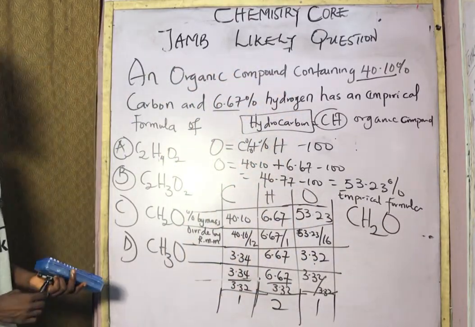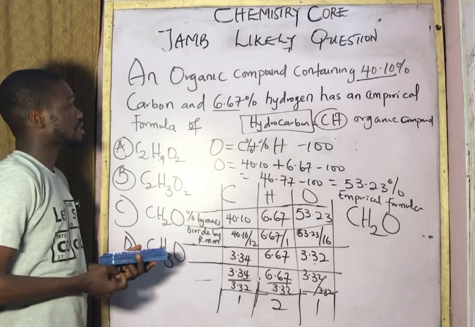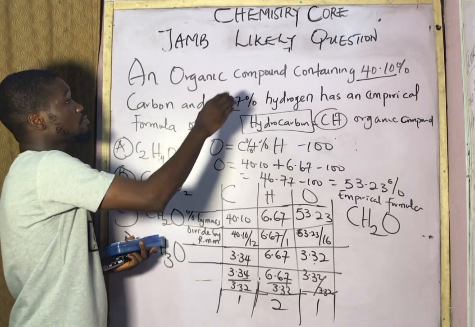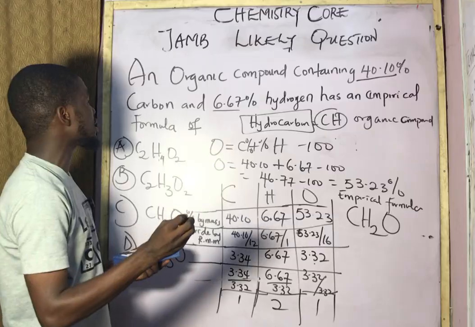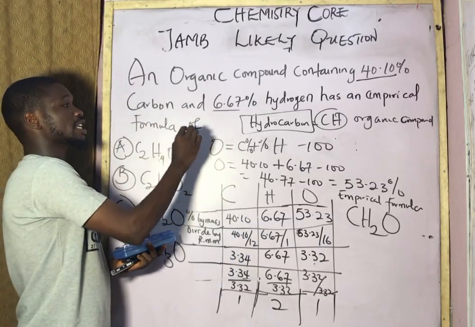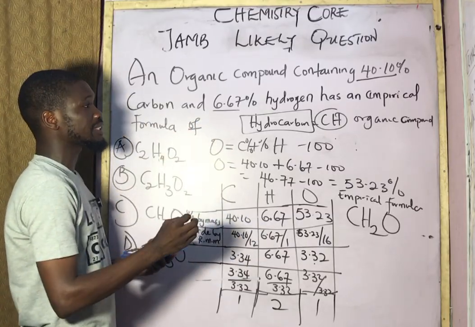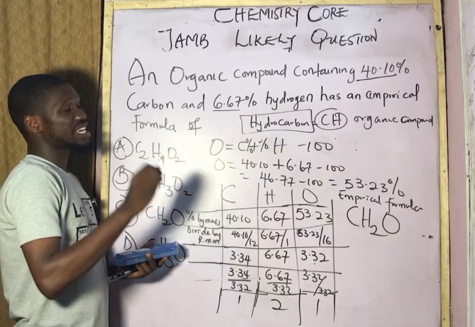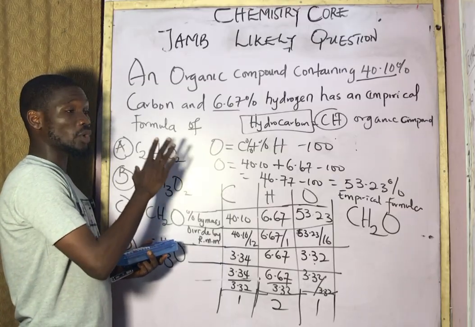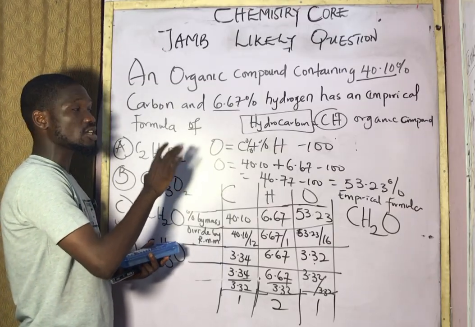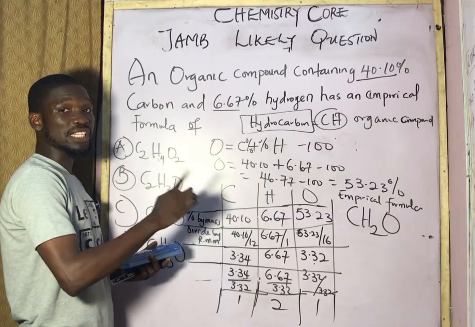This. In that case, we are only asked that an organic compound containing 40% carbon and 6.67 hydrogen has an empirical formula of what. And I stated earlier, when I was showing you guys how you can easily solve a question like this, that something is missing.